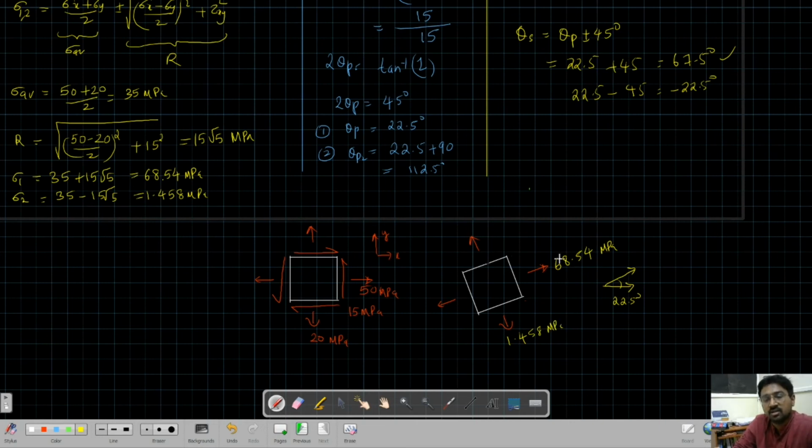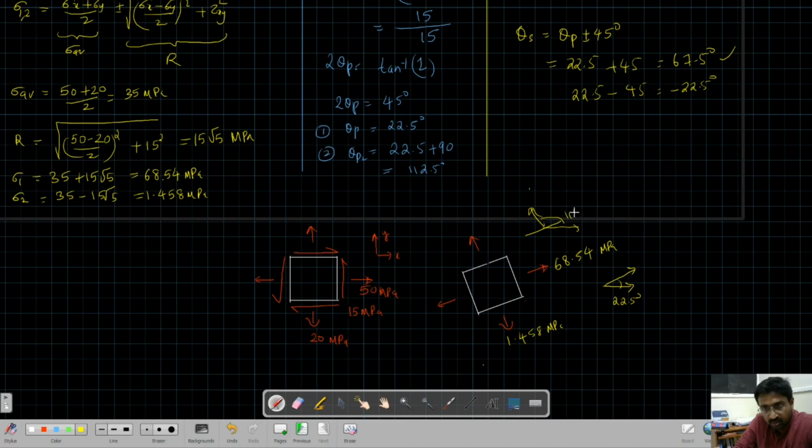So this is the orientation, 22.5 degrees. There are no shear stresses here, because these are the principal planes. The orientation of the principal plane that we have found is 22.5 degrees. The orientation of this plane is 112.5 degrees from the original axis.